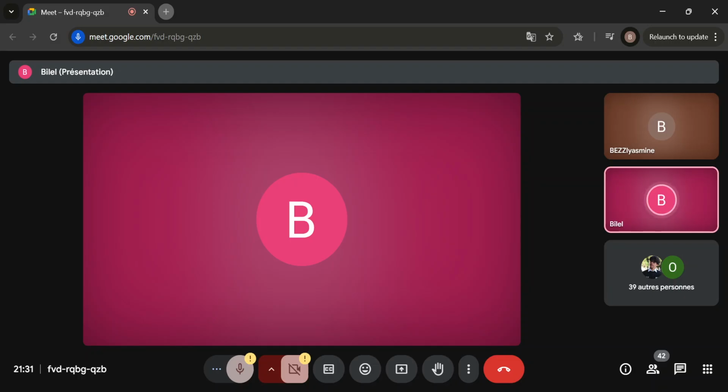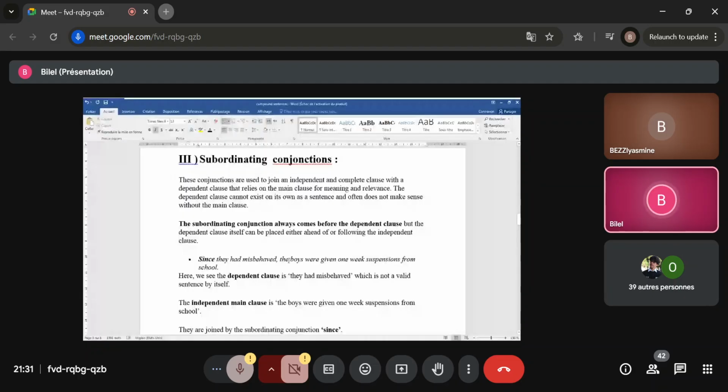Sorry. So I repeat, we move to subordinating conjunctions. It is not like coordinating conjunctions. The difference is that the subordinating conjunction joins an independent clause and a dependent clause.